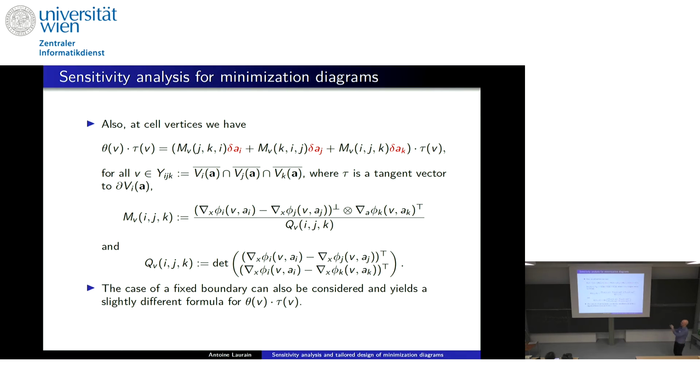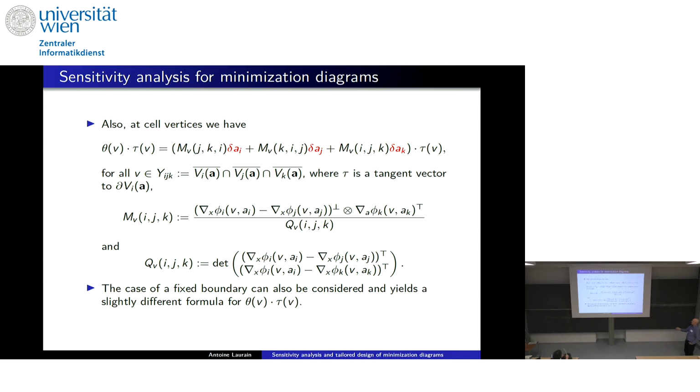And of course, because the triple point is at the interface between three cells, it is going to depend on the three perturbations of these sites, okay? And here you have these terms that are just geometric quantities. You can see that they depend also on the gradient of the functions that define your minimization diagrams. There's also this function Q, but it's also a purely geometric function that depends on your function phi.